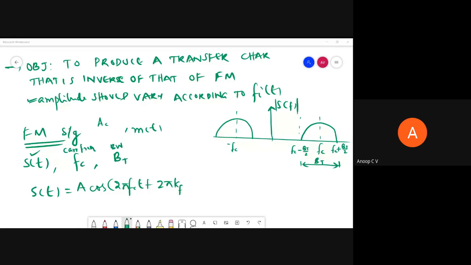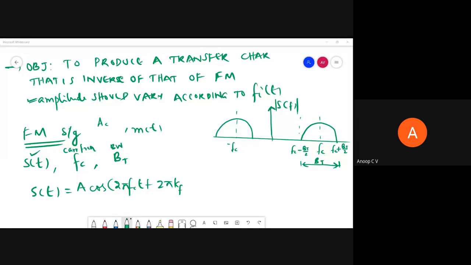Can anyone complete that time domain expression of the FM modulated signal? The remaining part has M of t. So what is that remaining part? Integral M of tau d tau.